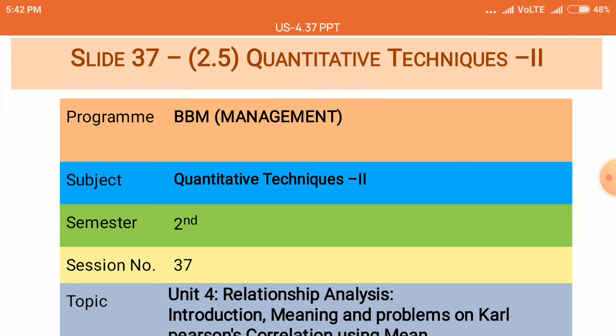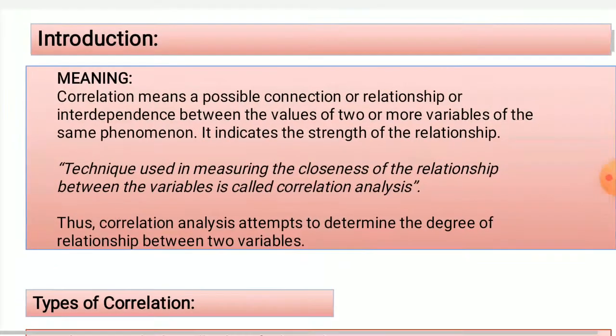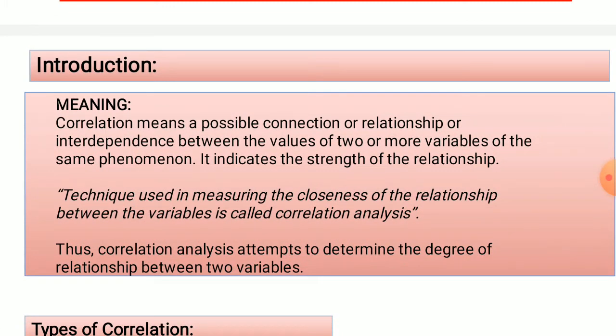So therefore the statistical tool or technique which is used to measure or to find the relationship of two or more variables is called correlation. Correlation measures the closeness of the relationship between the variables.